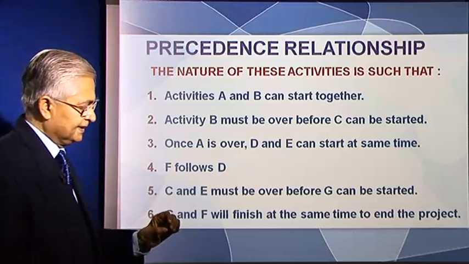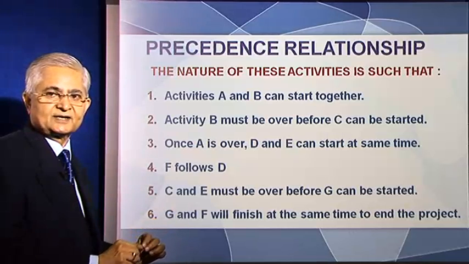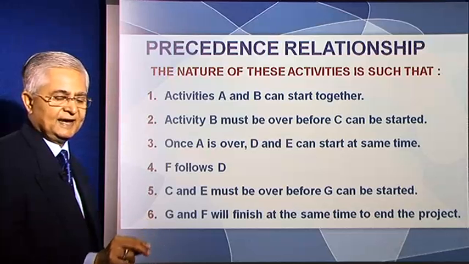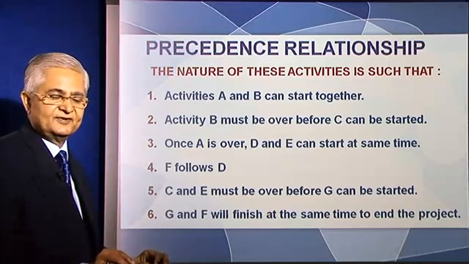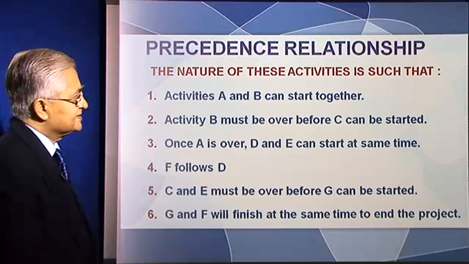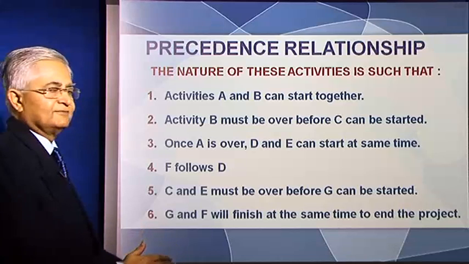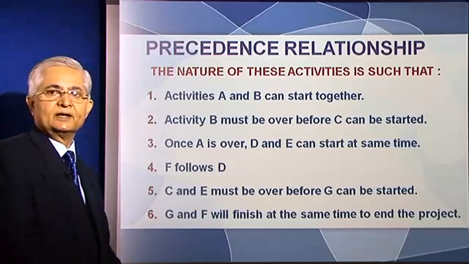So the project begins with activity A and B starting off, and the project ends with activity F and G finishing. That is the project. Now this, what we have done so far, is to create the work breakdown structure.